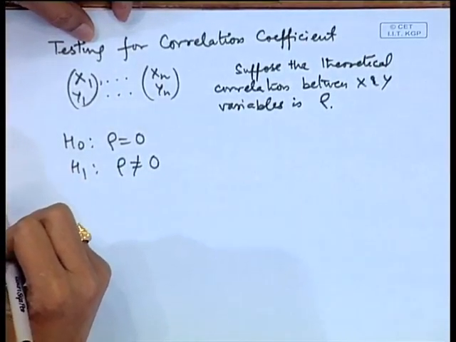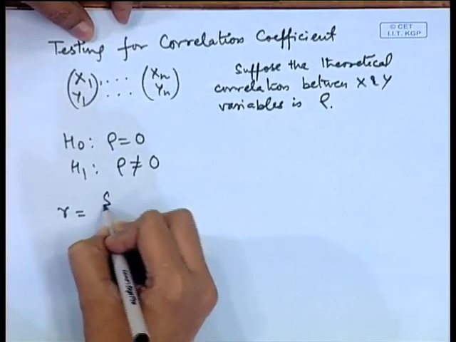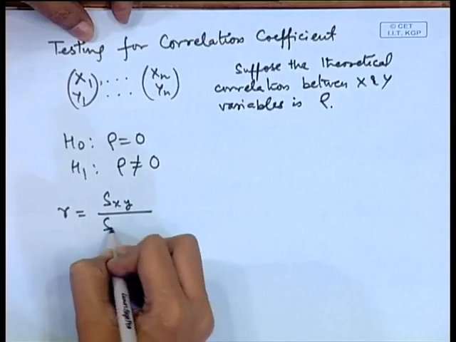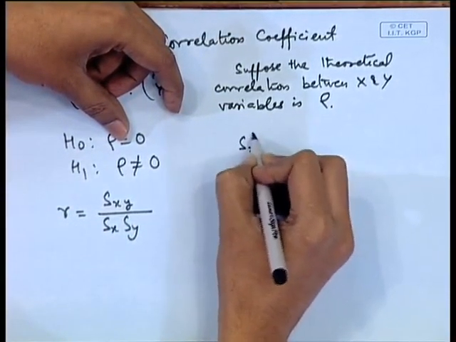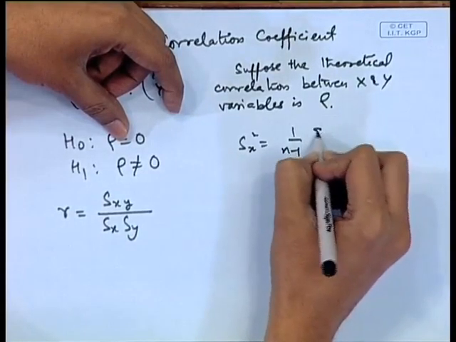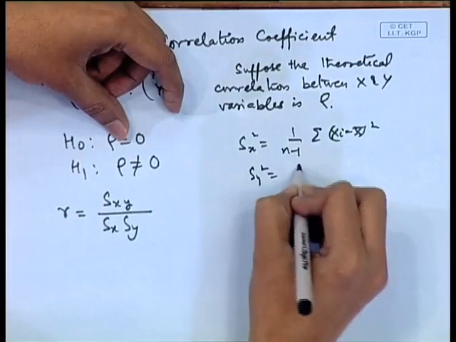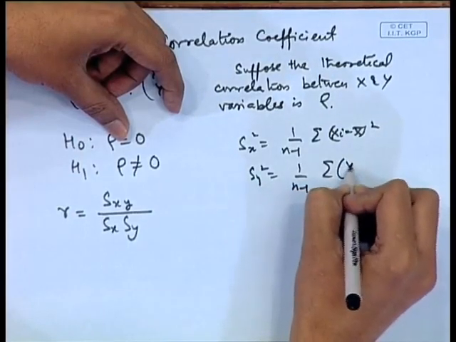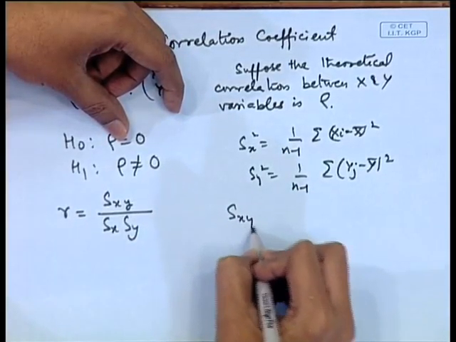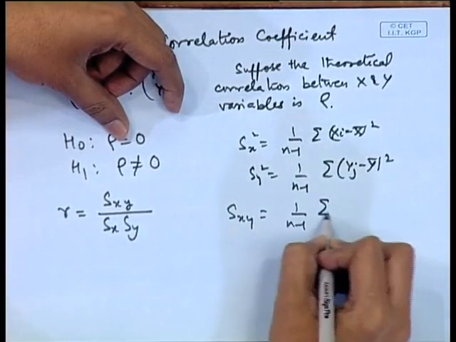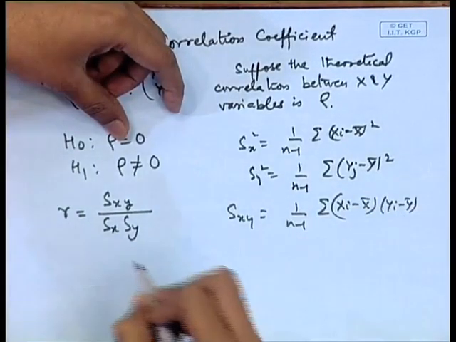So, for this we calculate the sample correlation coefficient, that is r, that is equal to S x y divided by S x S y, where S x square is 1 by n minus 1 sigma x i minus x bar whole square, S y square is 1 by n minus 1 sigma y j minus y bar whole square, and S x y is equal to 1 by n minus 1 sigma x i minus x bar into y i minus y bar.